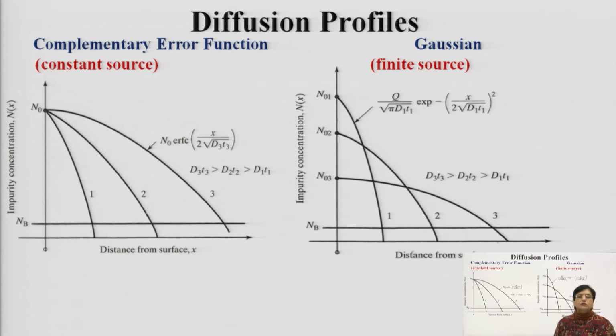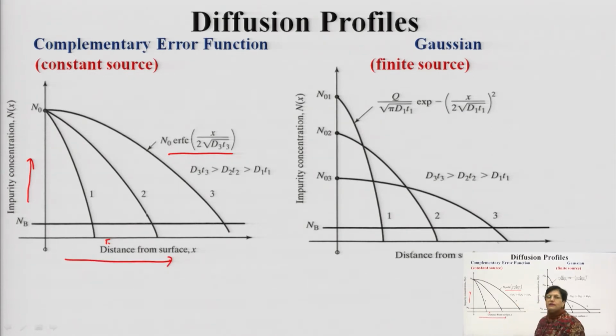So, with these assumptions, with this mathematical modeling of the diffusion process as a whole, we have got two different profiles representing it. This is the equation through which the first profile is represented. The representation is impurity concentration on the y axis and distance from the surface on the x axis.